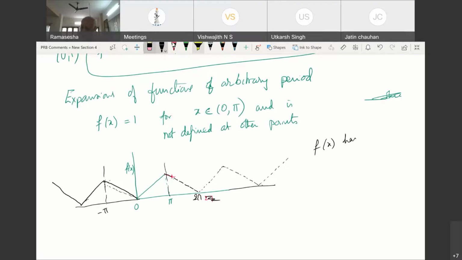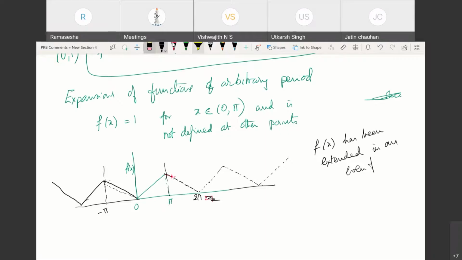F of x has been extended, rather, in an even fashion. So if I were to expand f of x, then I only have a cosine series. The cosine coefficient a will correspond to integration of the function f of x, not multiplied by sine.